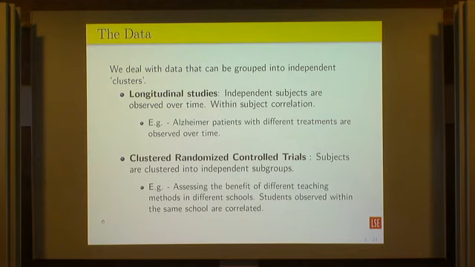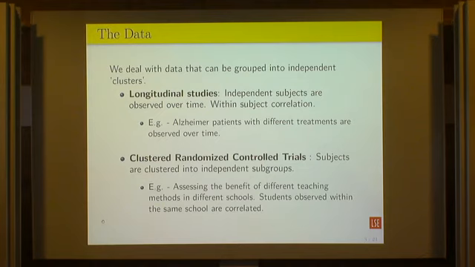So mainly there are two main groups of data that we usually will apply the generalized estimating equation or the quadratic inference function. One group of data is the data from longitudinal studies. Within longitudinal studies, there are independent subjects observed over time. Okay, so these subjects may have within-subject correlation.